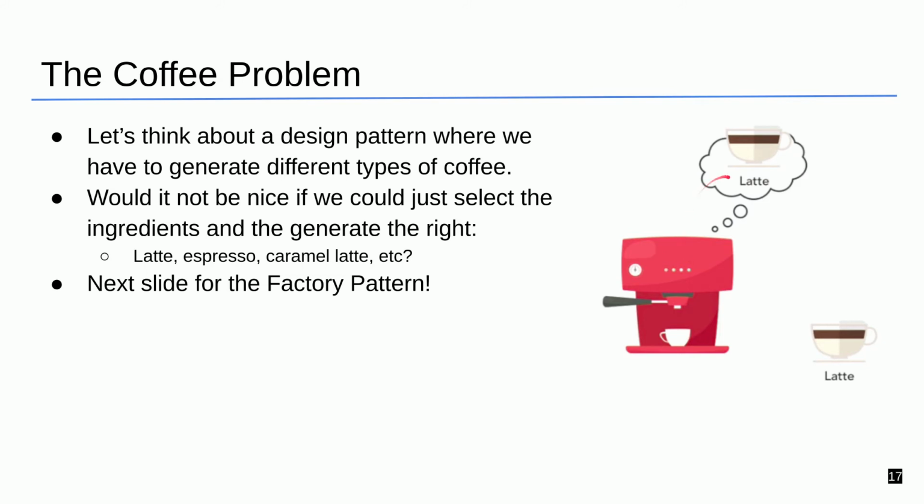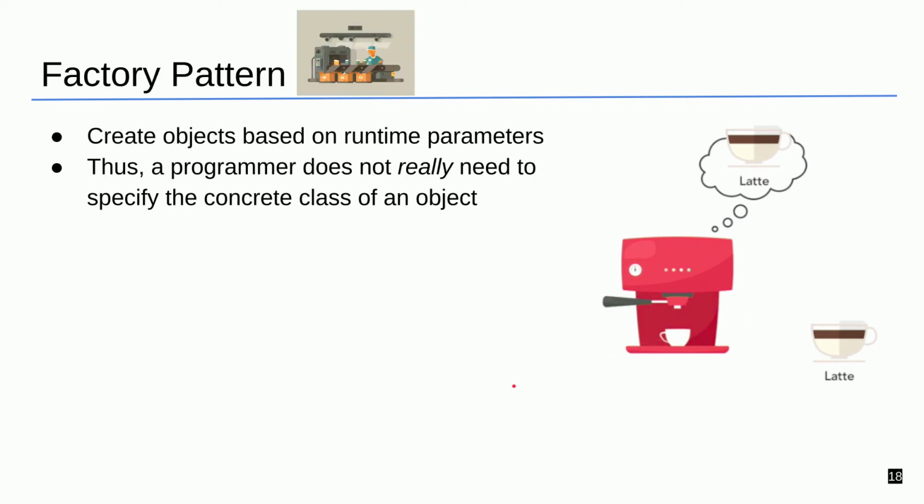Maybe we want different ingredients like caramel or milk added to our latte, or maybe different styles, latte versus an espresso or some other dark roasted or lightly roasted base for the coffee. What you'd really want is to take an input from the user, maybe a set of ingredients, and then just get the right object back.